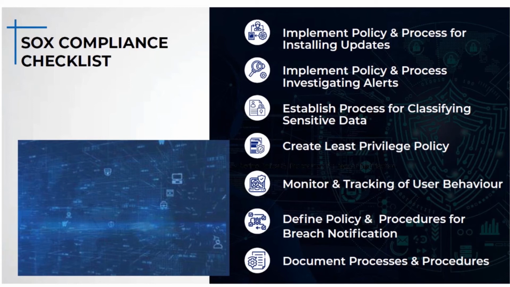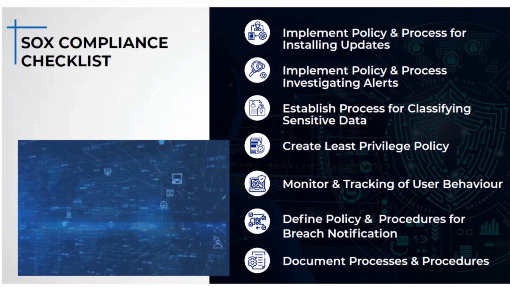What about maybe if you're using VPN, then what about your VPN software updates? So all those things you have to define very clearly, because many a time we see operating system level updates happening, but nothing else happening beyond that. Could be database updates, could be SSH updates, could be platform updates of Apache or Log4j or whatever be the case. Then establish the process for classifying sensitive data.